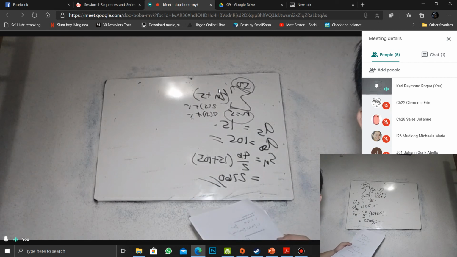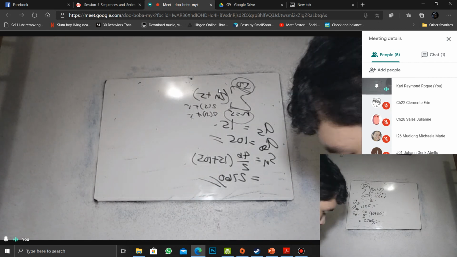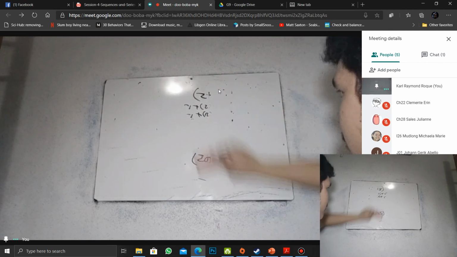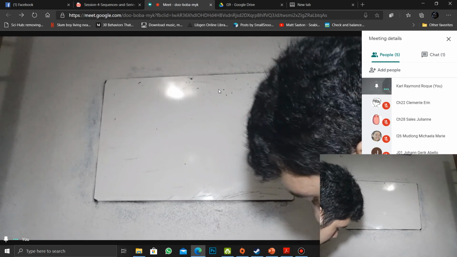Okay, sige. 7C. Evaluate the following summation. Dahil exponent siya, so geometric sequence yan. Tapos infinite pa.